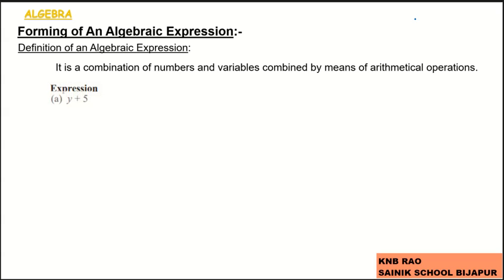Example, y plus 5. Here it is a combination of a variable y and the number 5, interconnected by the arithmetical operation addition, the plus sign I am showing, y plus 5. Another example, t minus 7, is again a combination of variable t and number 7, connected with the operation minus, that means subtraction.